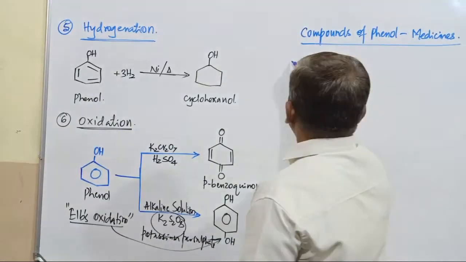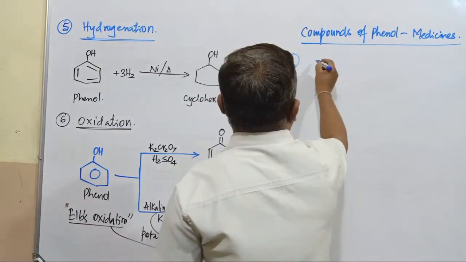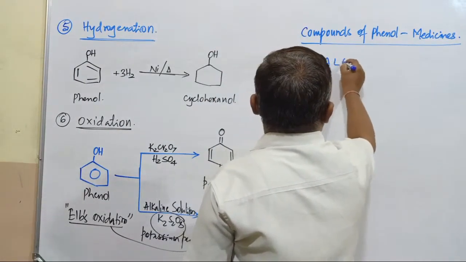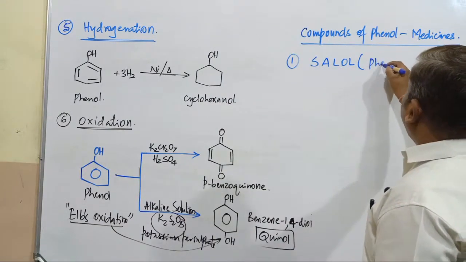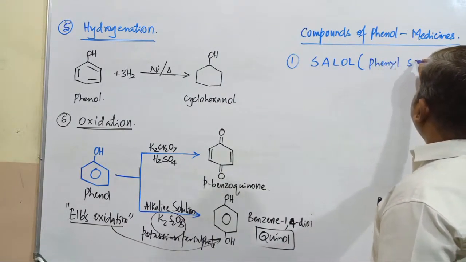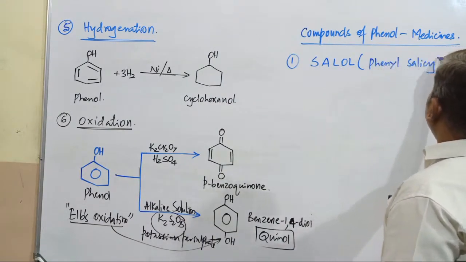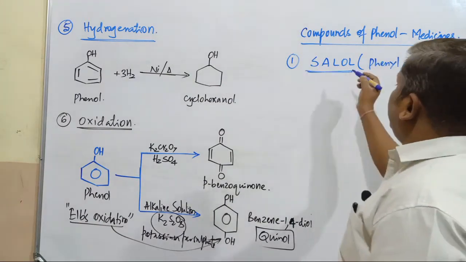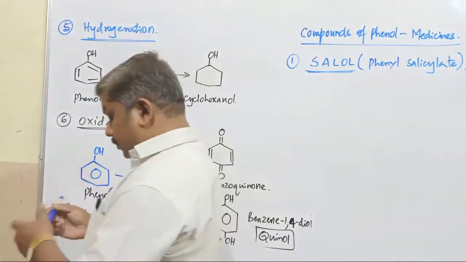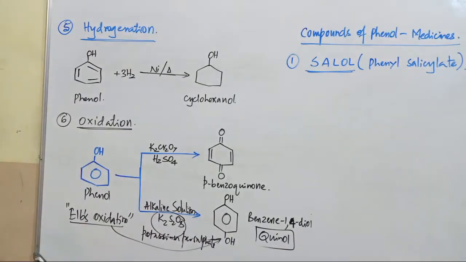First one, Salol. It is phenyl salicylate compound. Phenyl salicylate is commonly known as Salol compound. What is the meaning of this Salol or phenyl salicylate compound?